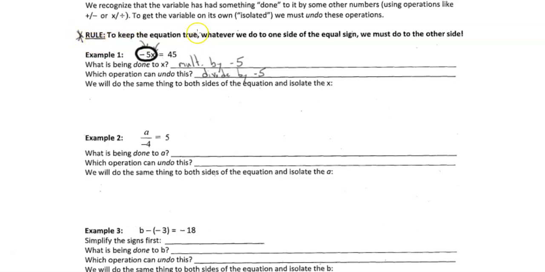However, very important, this is our rule right here. To make sure the equation stays true, whatever we do to one side of the equal sign, we have to do to the other side. So if we divide one side by negative 5, we have to divide the other side by negative 5. Think of it like this. 2 equals 2. That's a true statement, right?